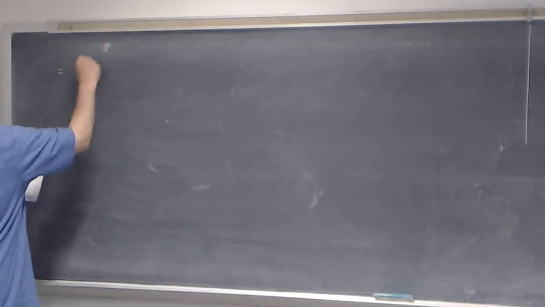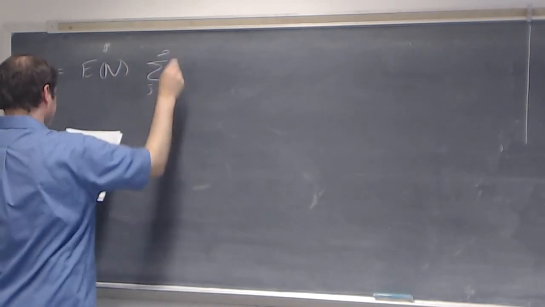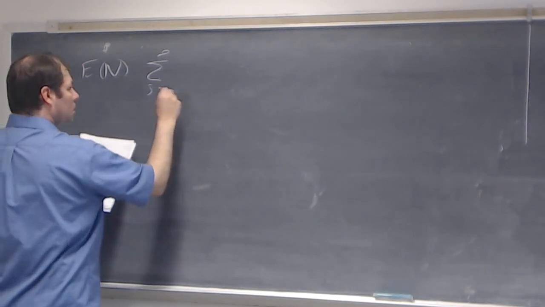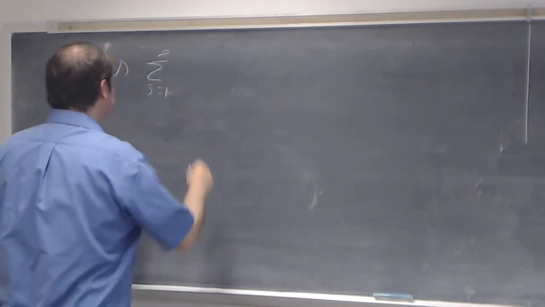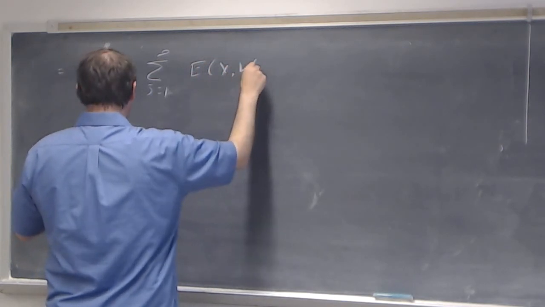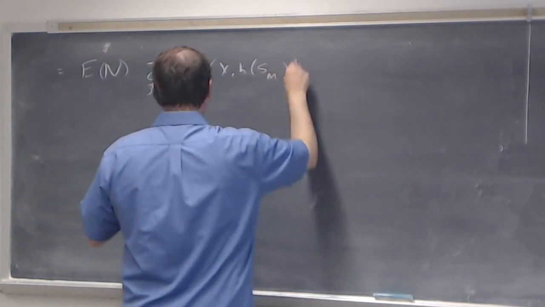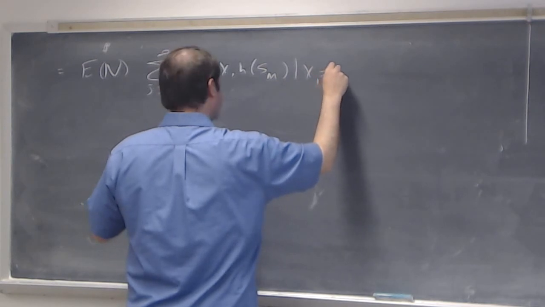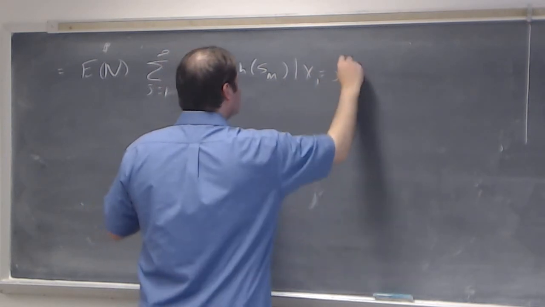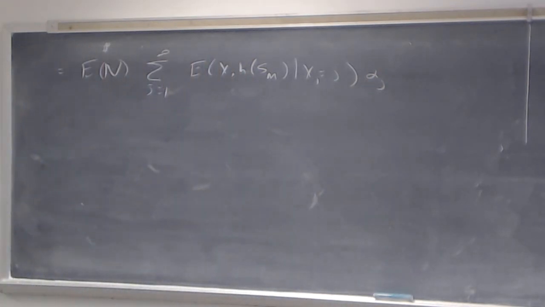And that's equal to the expected value of n times the sum as j runs from 1 to infinity of, just symbolically, this is the conditional expectation of x of 1 times h of s of m, given x of 1 equals j, times, as I said, just symbolically, we write down the probability that x of 1 equals j as alpha sub j.